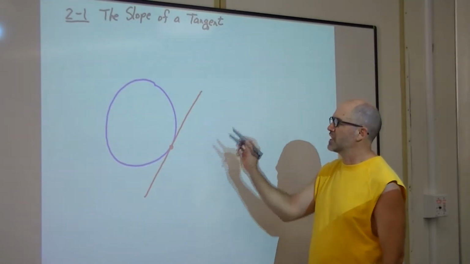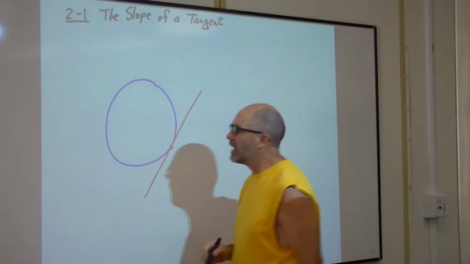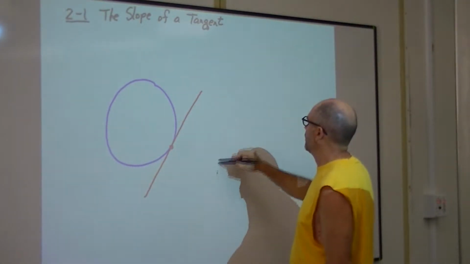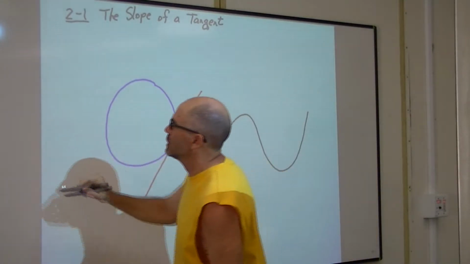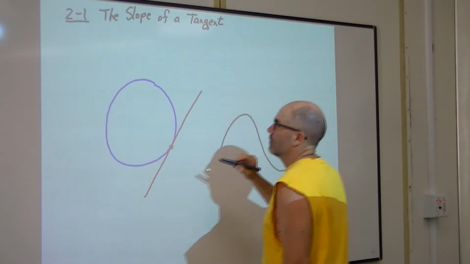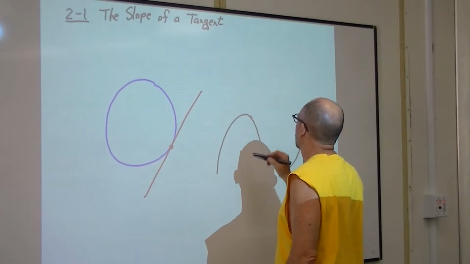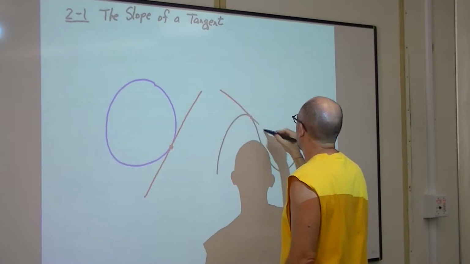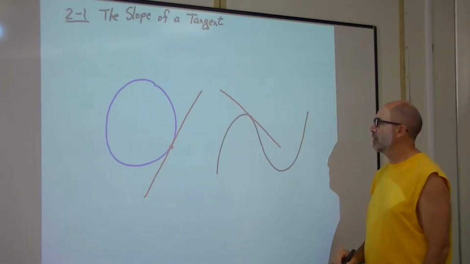There's your tangent to the circle. Now, I could also have any kind of curve. So let's say we just have a curve like this, and I want to know what the tangent at this point looks like. Well, that's going to look like that. There's a tangent to that curve.